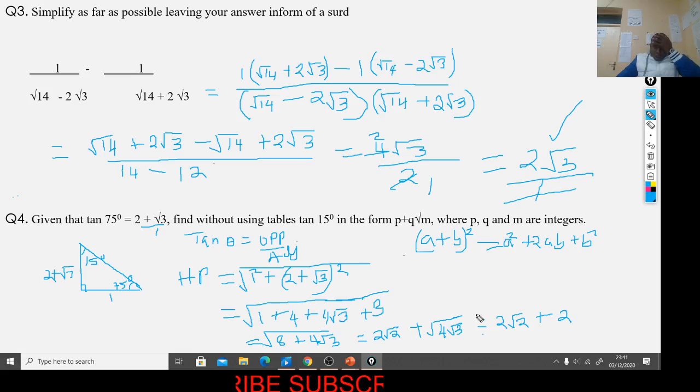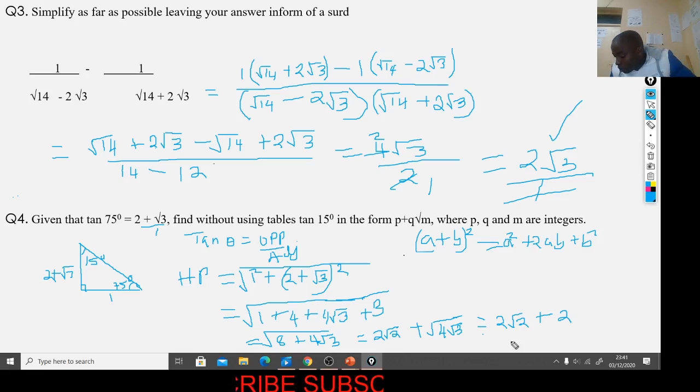It becomes the fourth root of 2, fourth root of 3. That's root times the root, fourth root, because root of root 3.